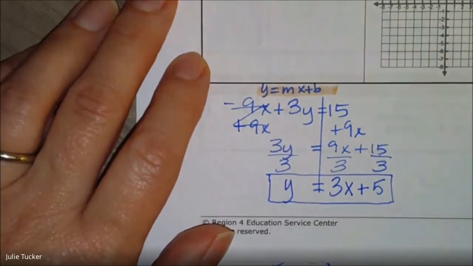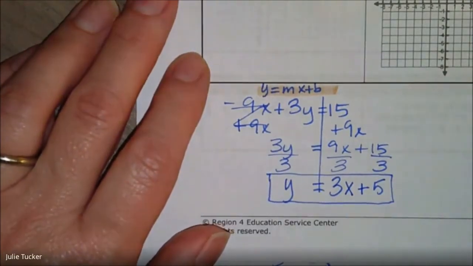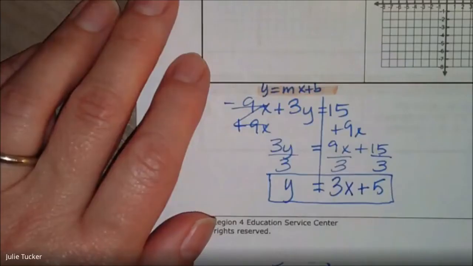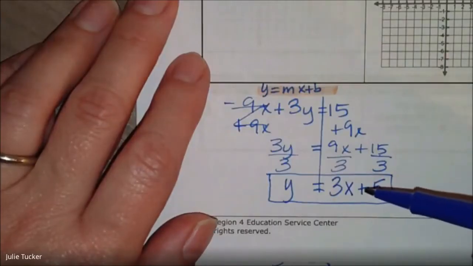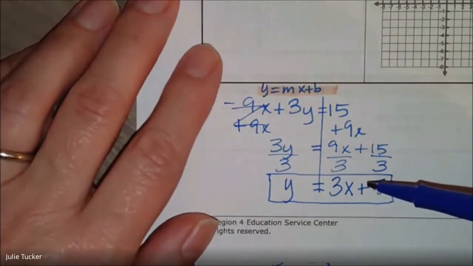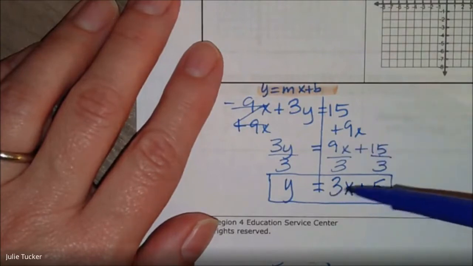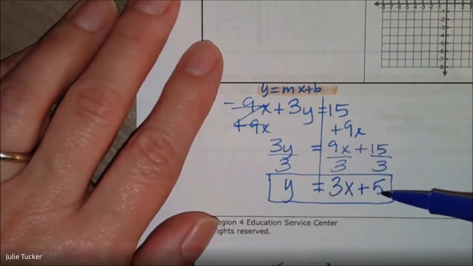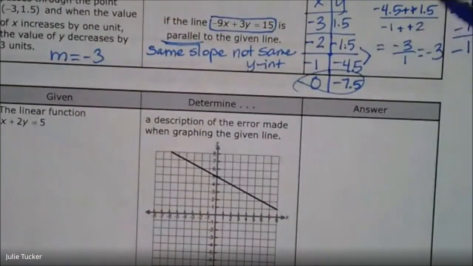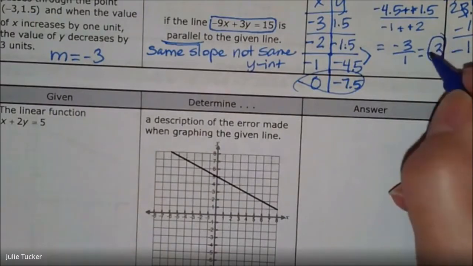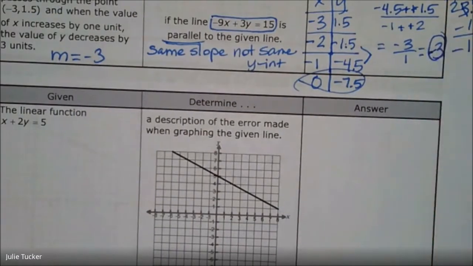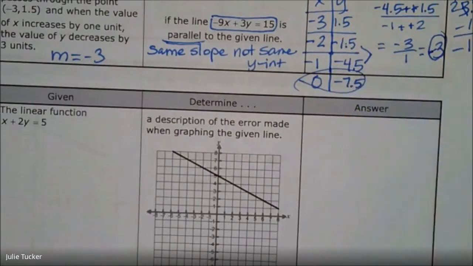So what is your slope? 3. And your y-intercept is 5, right? Now we're going to compare this line to the one in the table, which is a different line, okay? So slope of 3, y-intercept of 5. The one in the table has a slope of -3 and a y-intercept of -7.5.